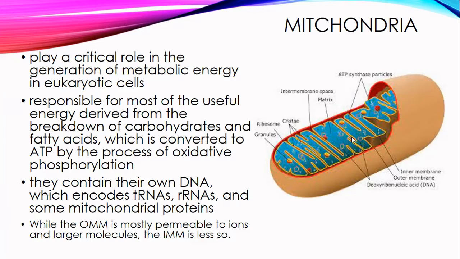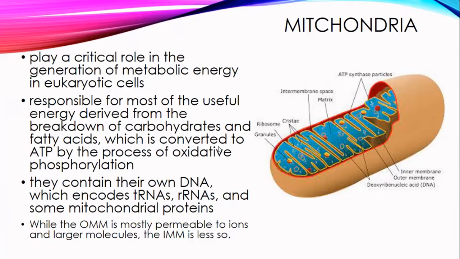The tricarboxylic acid cycle happens inside the matrix of the mitochondria. And later on, the energy will be transported to the electron transport chain, which happens in the inner membrane of the mitochondria.